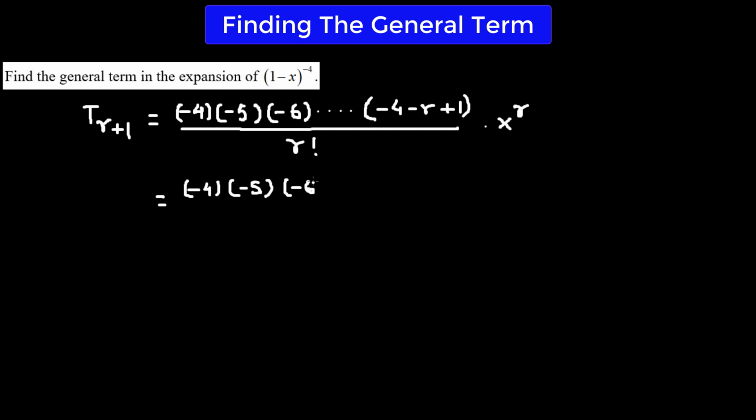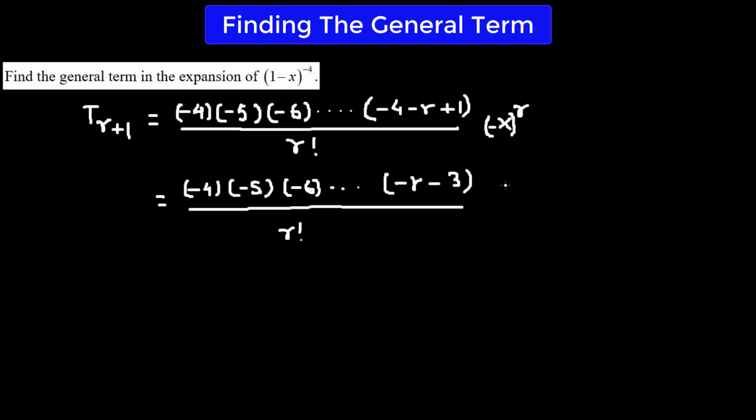So this is negative 5, negative 6, and we have negative r, negative 3 divided by r factorial. So here x, it's not x raised to the power of r, I missed it, it's actually negative x raised to the power of r. So that would leave us with negative 1 raised to the power of r times x raised to the power r.